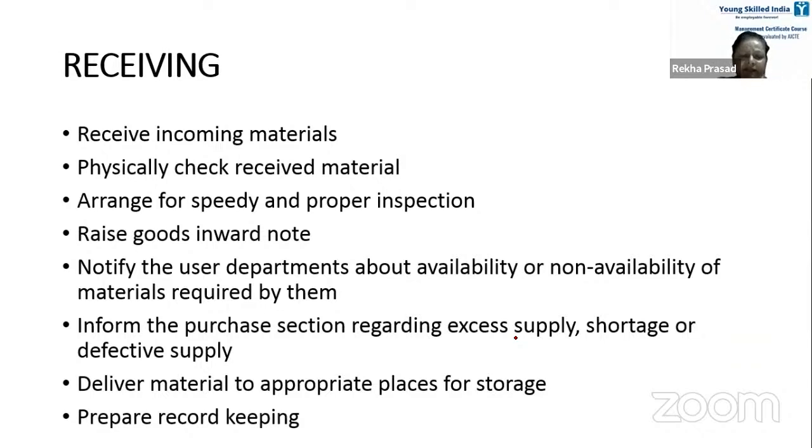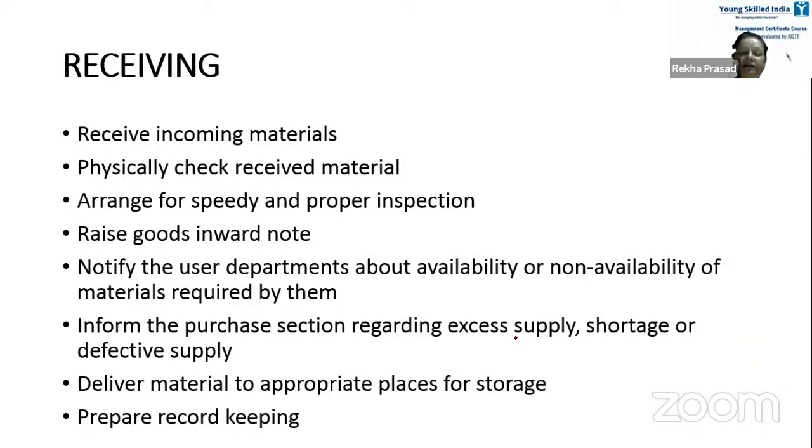So the proper information is given, and this is done by the material management information system. Now it is being computerized. All these things are being computerized, so immediately the information is passed to the concerned person. Then whether they are in sufficient quantity, of the exact quality, or there is some defect in them, whatever the reason, that information should also pass to the concerned person.